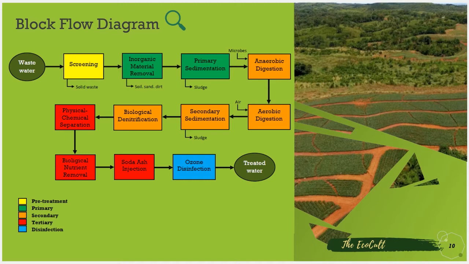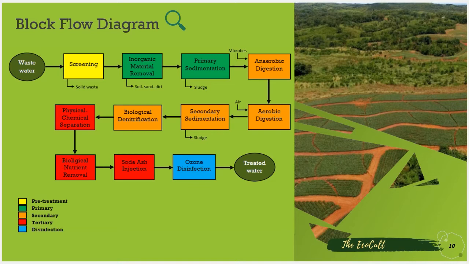To remove ammonia in water, it undergoes a physical-chemical separation to separate its physical and chemical properties. Then, the water will be treated in a process called BNR or biological nutrient removal that occurs in the bioreactors. Thus, as the water passes through the three tanks, the phosphorus is removed and ammonia is broken down into nitrate and nitrogen gas.